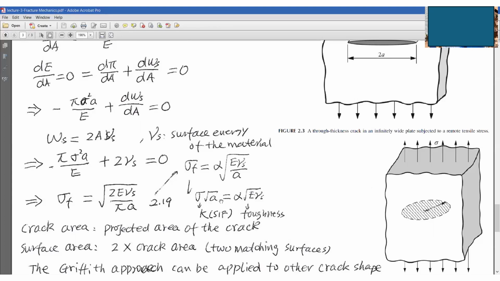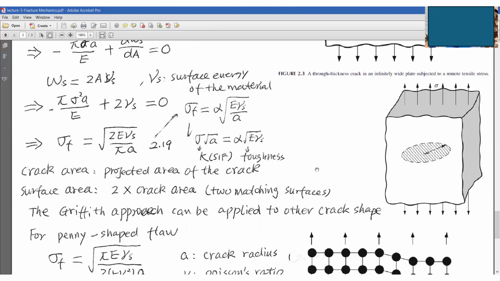And sigma square root A is the stress intensity factor K. This verifies the claim that for a linear elastic material, the stress intensity factor approach is equivalent to the energy approach.